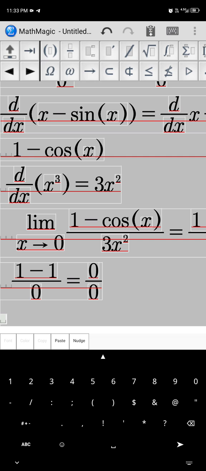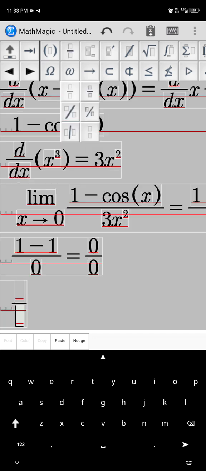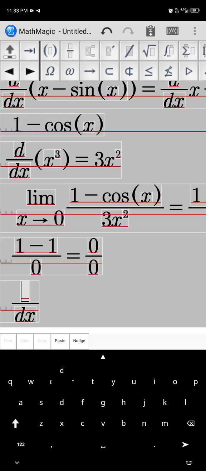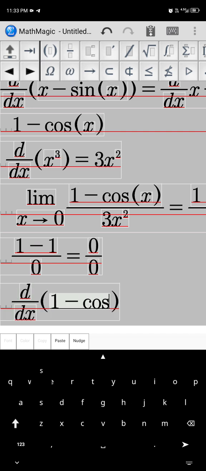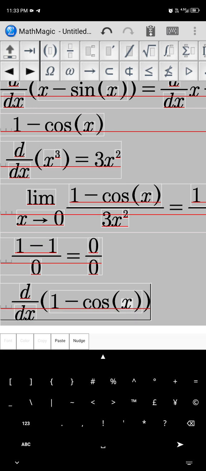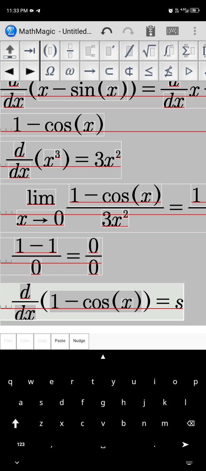If I differentiate the numerator, that is d/dx of 1 minus cos x: if you differentiate 1, that is 0, and if you differentiate cos x, that will be minus sine x, so overall that gives us sine x.